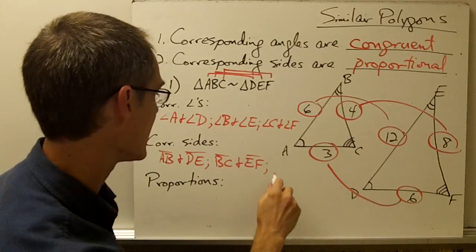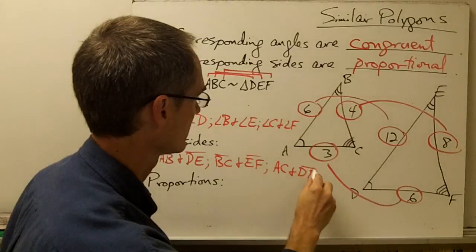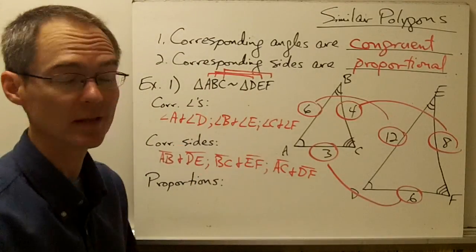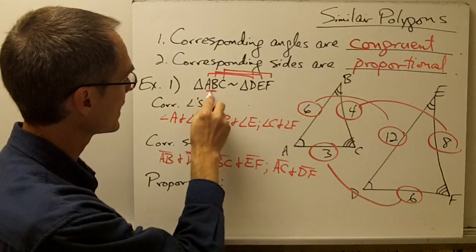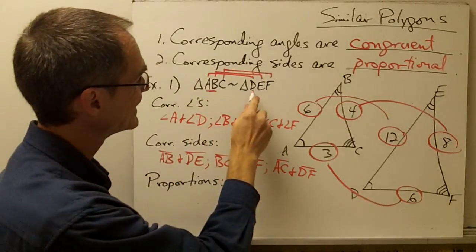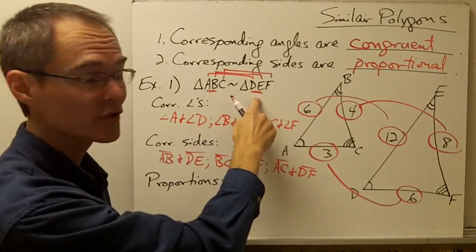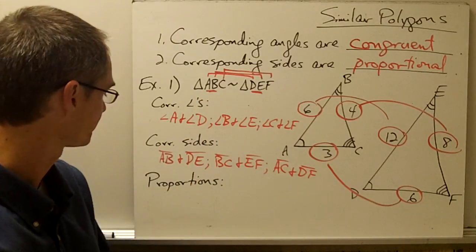And AC and DF are corresponding sides. And if you notice, you can also see that in the similarity statement up here as well. Side AB, which is this side here, that's the first two letters in the similarity statement for this triangle. DE, that's the first two letters in the similarity statement for this triangle. AB and DE, those are corresponding sides.